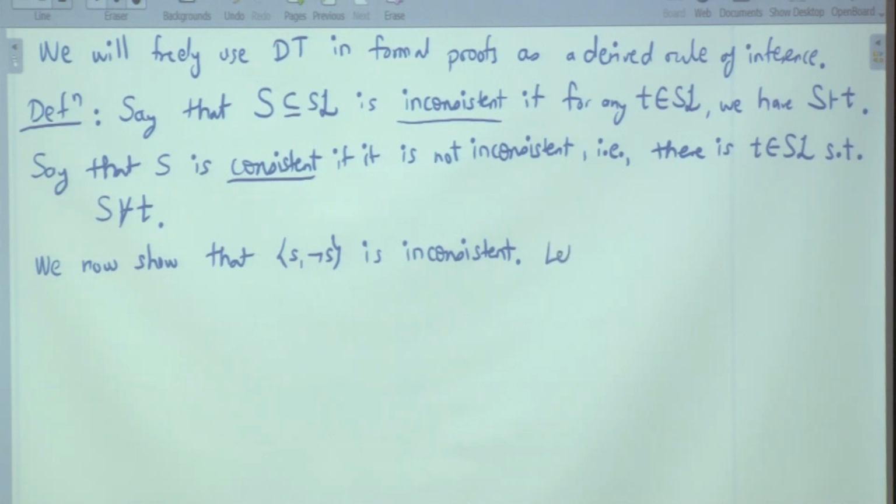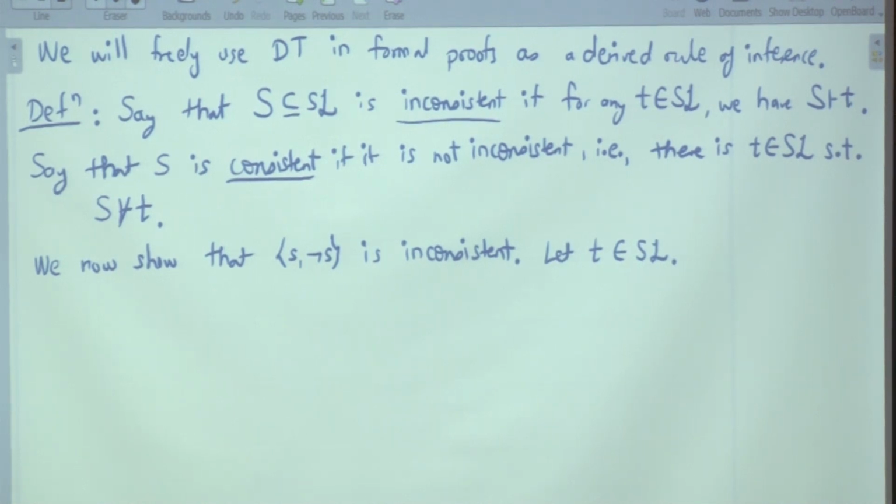So let T be in SL. So what do we want to show? S comma negation S proves T. T is arbitrary. T doesn't depend on S, so we want to prove that. So we are going to start with this. The first line I will write.